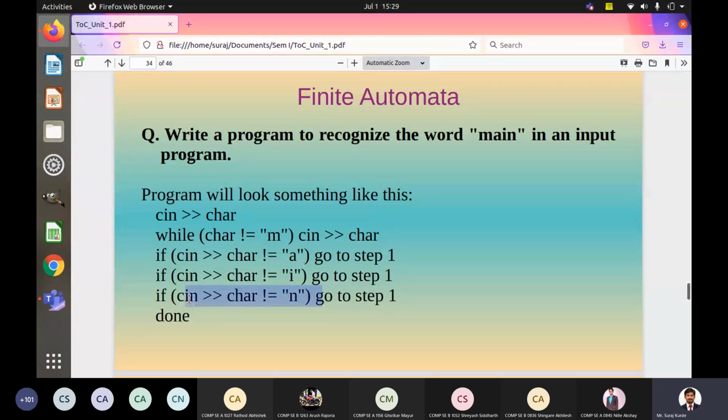If the third input is not I, then again go to step 1, and step 1 is this one. Again take input, check whether it is M or not. So this will continue. This is the program logic that you have to write.